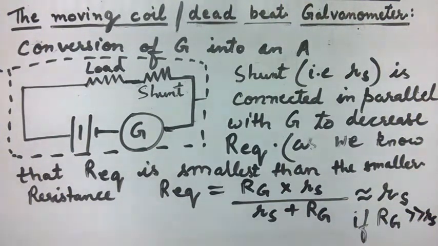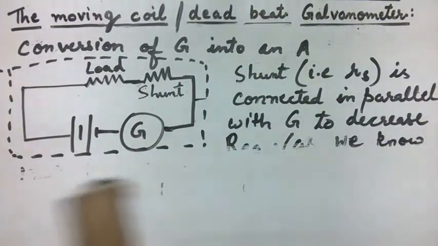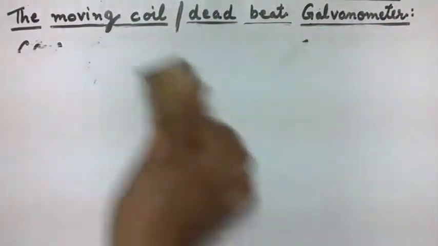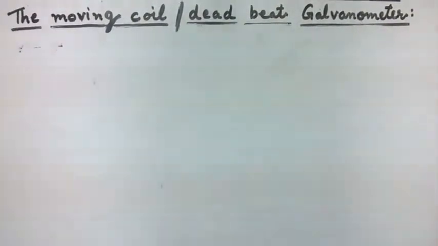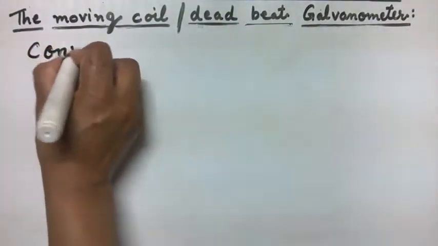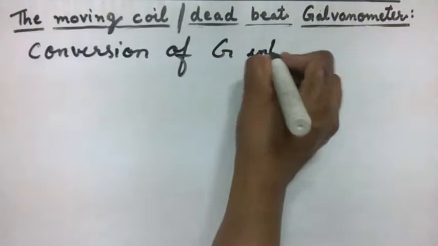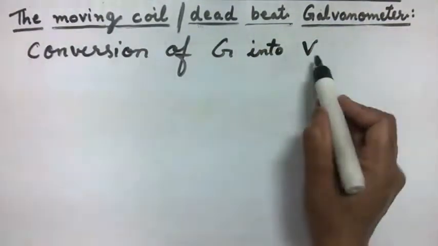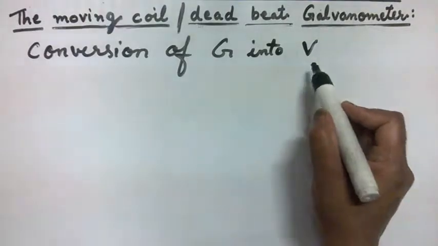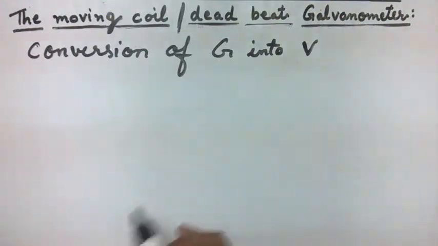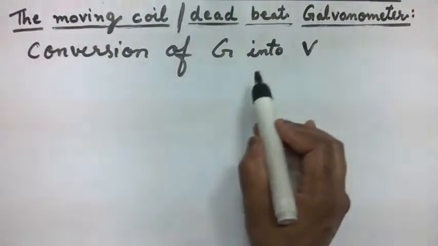Now let's study how to convert a galvanometer into a voltmeter. A voltmeter is used to measure potential difference or voltage across a load, and an ideal voltmeter has infinite resistance. Also, we connect the voltmeter in parallel across the load.